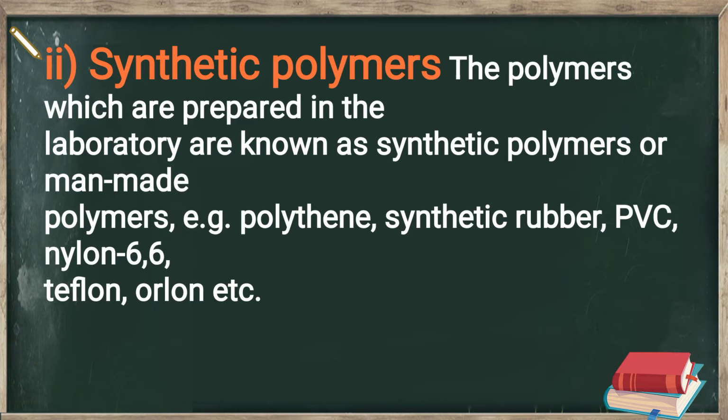So these polymers are synthetic polymers. What are its examples? Polyethylene, synthetic rubber, polyvinyl chloride, nylon 66, Teflon, Orlon. These are all examples of man-made polymers.